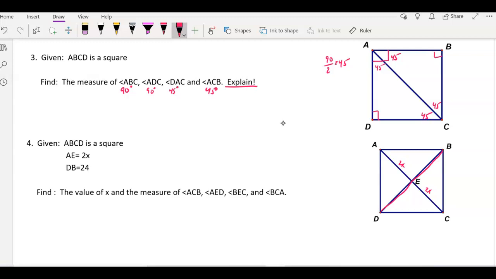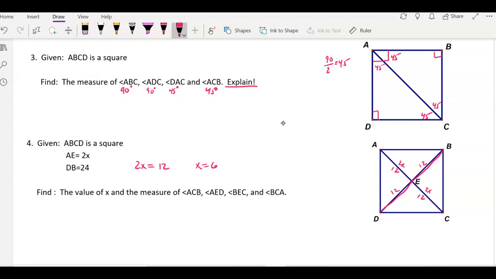And if this diagonal is 24, each of these pieces will be 12. Remember, the diagonals in a square are congruent, and they bisect each other, so all 4 of these pieces are 12. So the easiest way to find x is just to say 2x equals 12, so x equals 6.